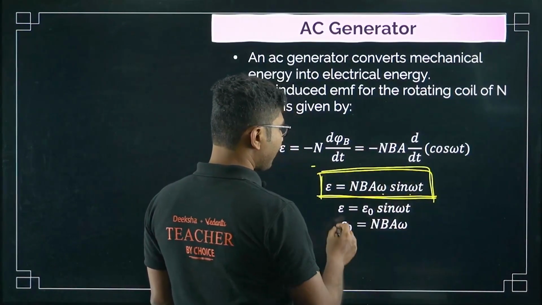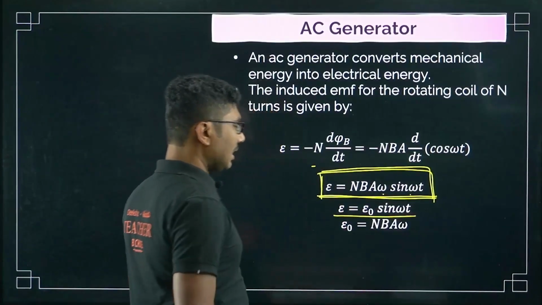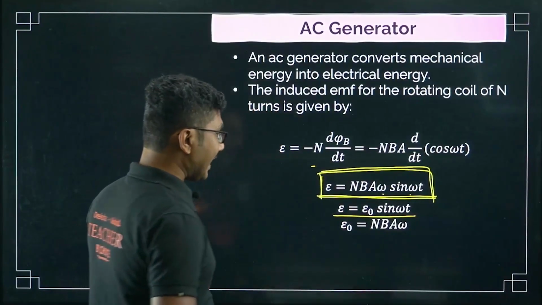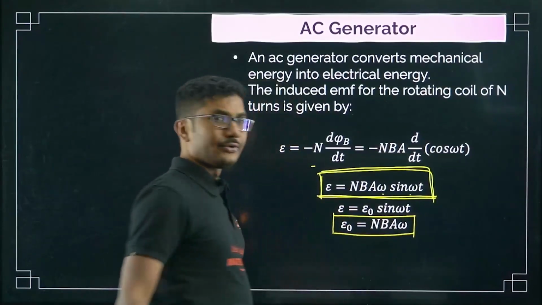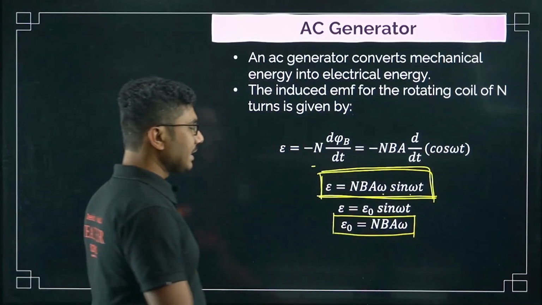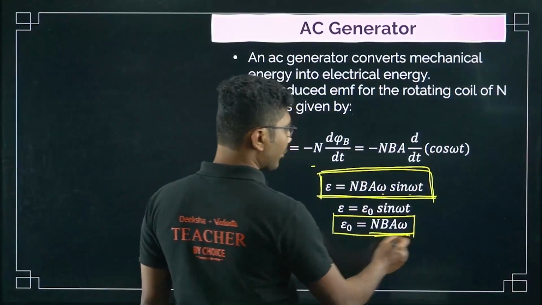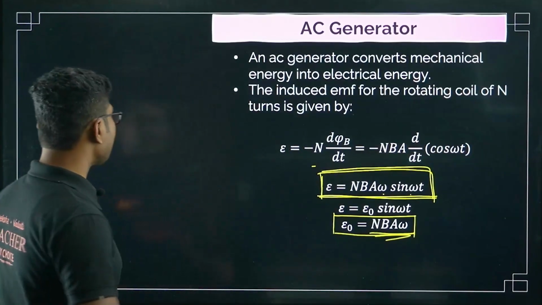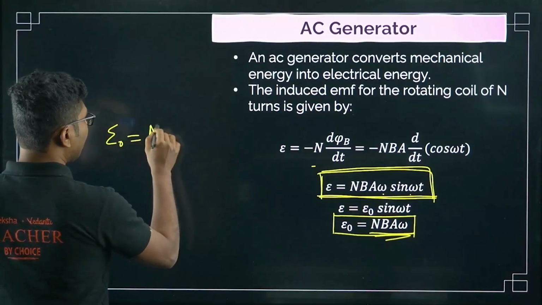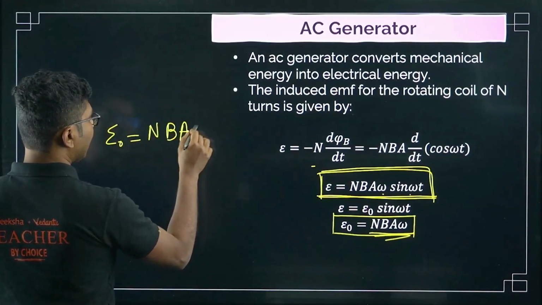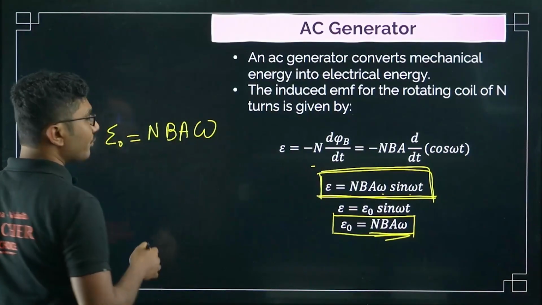Very, very important. Sometimes we replace this with epsilon naught, and epsilon naught is the magnitude of the induced EMF. So this is the magnitude of the induced potential, NBA omega. You have to remember that the induced EMF magnitude is NBA omega.